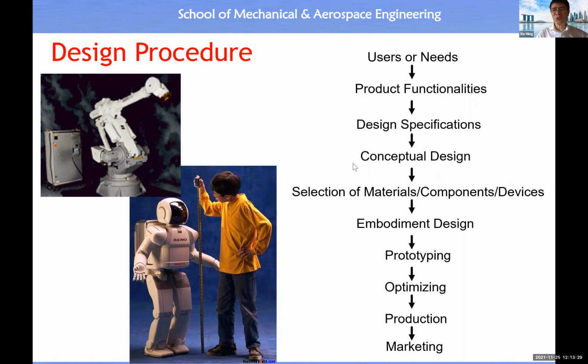Therefore, you need to select the material to fabricate the links, the mechanism, etc., and also to choose component devices from the market. Try not to reinvent the wheel. All right. If you have a standard component, standard item, just purchase it.